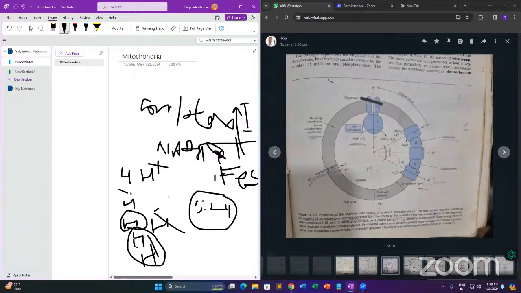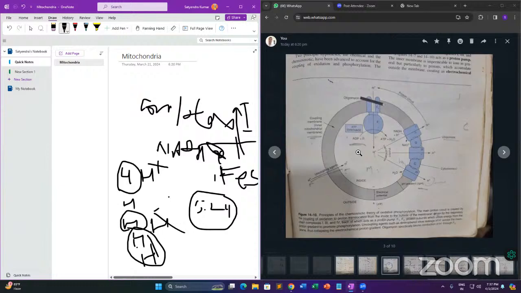The energy of one proton is expended for the proton pump and proton flow, because it contains gamma, delta, epsilon, which is hydrophobic in nature and remains embedded in the inner membrane of the mitochondria. So the movement of the proton from the inner membrane space to the matrix is coupled with the synthesis of ATP from ADP and inorganic phosphate.